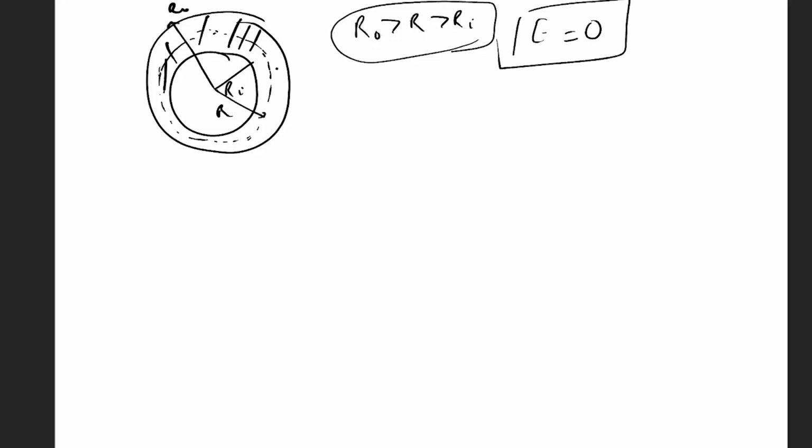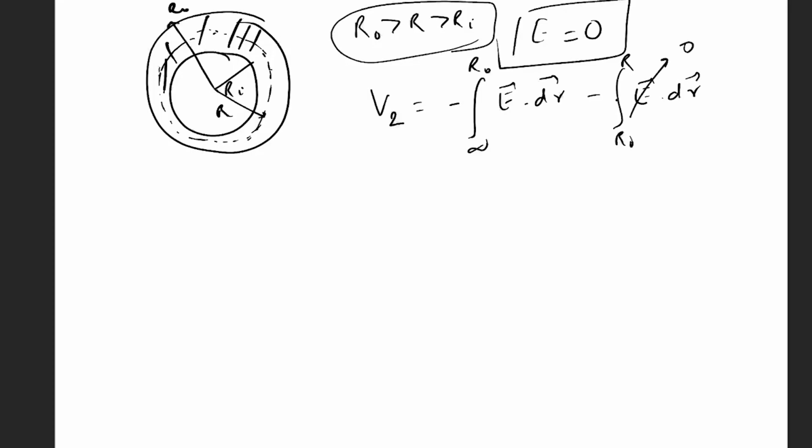Okay. So potential at this Gaussian surface will simply be V2, let us say, is simply minus infinity to R naught E dot dr minus R naught to R E dot dr. Now this is 0, so this part is 0, so it is simply Q by 4 pi epsilon naught R naught.